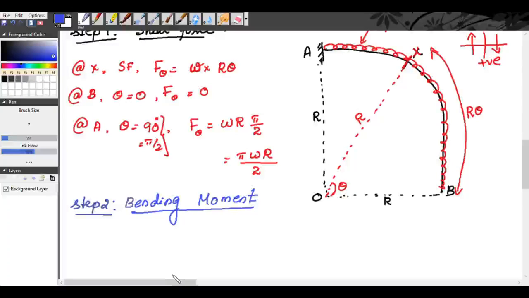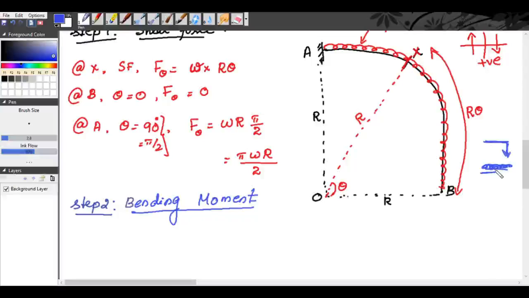We know the moment of a section is nothing but the force into perpendicular distance. But here it is subjected to UDL. If it is a concentrated load, it is load into perpendicular distance. If it is a UDL, again load into the perpendicular distance.